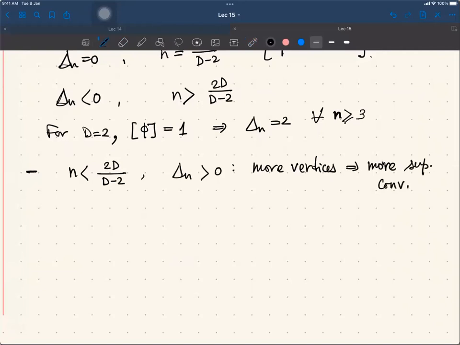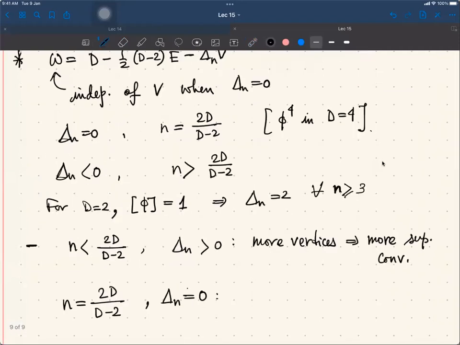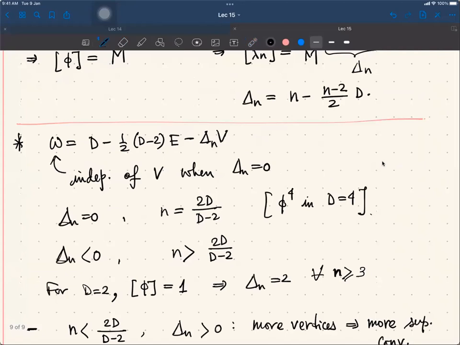superficial convergence. If n is same as 2d by (d minus 2), in that case the coupling is dimensionless, and then superficial convergence will happen beyond the threshold value of E, irrespective of the number of vertices. What it means is that this term is absent, so V does not affect the superficial degree of divergence.